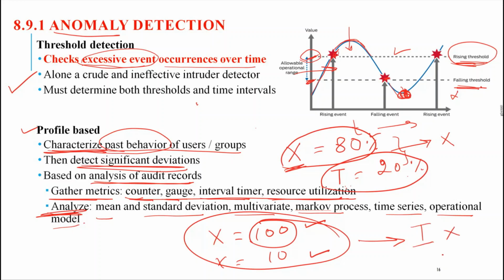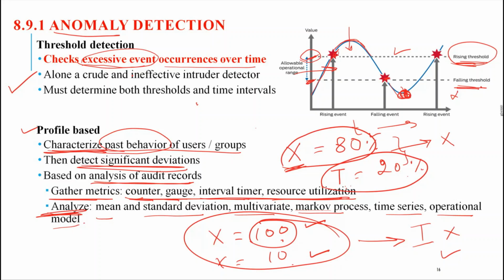I repeat: based on the past behavior you have some value, and based on the current behavior you have some values. You can use anything as a metric, then analyze, and finally identify whether the intrusion took place or not.